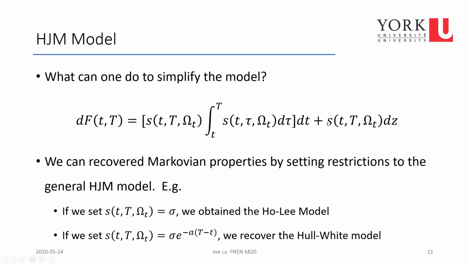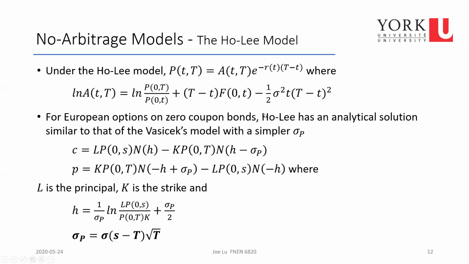Now, if S takes the form of a constant sigma times e to the power of minus a times (big T minus small t), so some function of the time parameter, we can actually recover the Hull-White model. So let's see why that is the case.